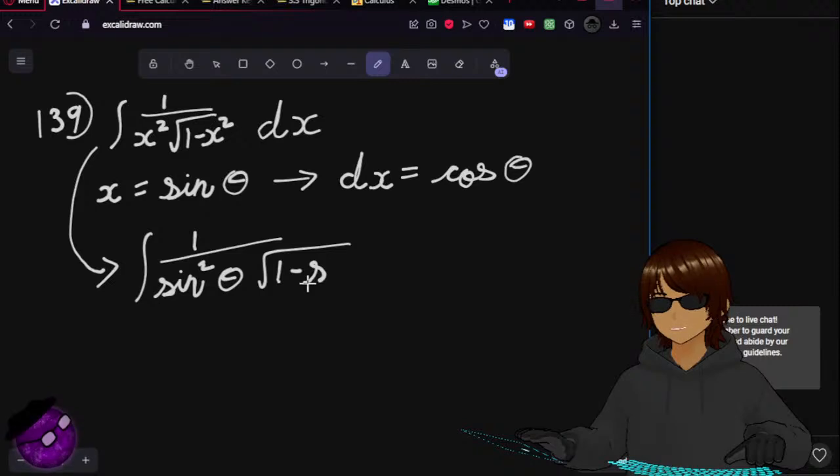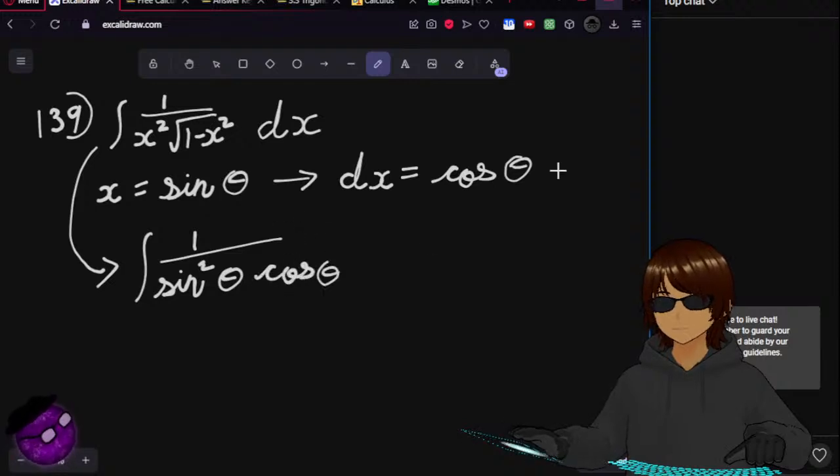One minus sine square theta would be just cos theta. Instead of dx, I will write cos theta d theta.